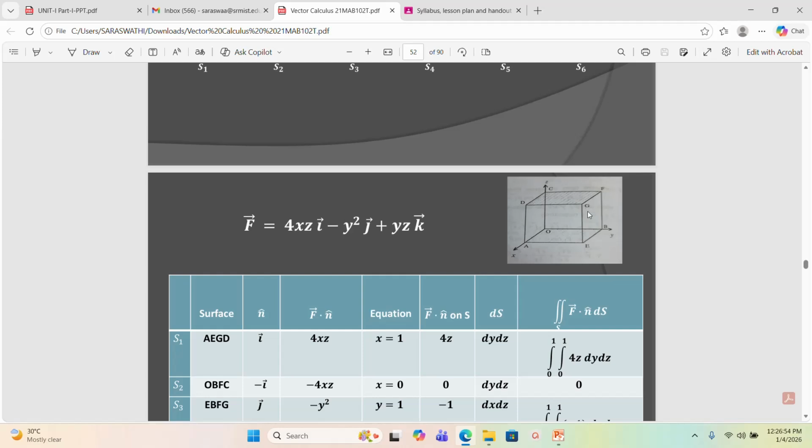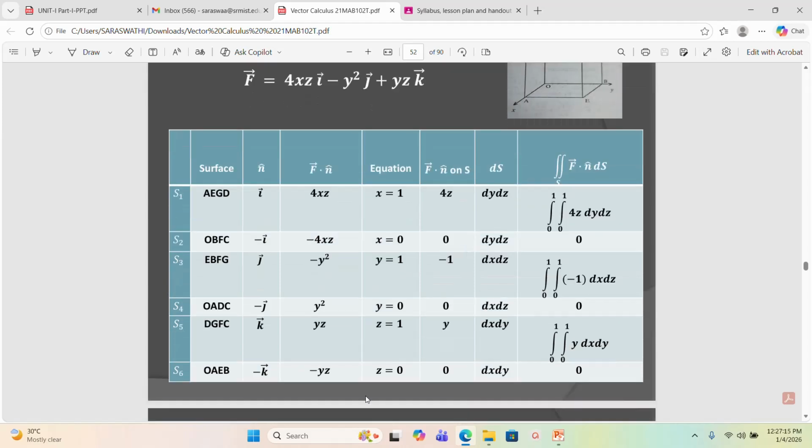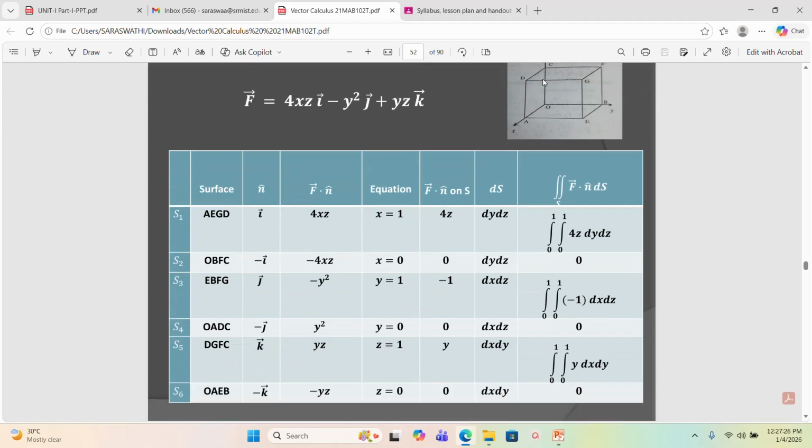Similarly, opposite of this, A, O, C, D is the fourth surface. The fifth surface is D, G, F, C. And similar to this, O, A, E, B is the last surface.